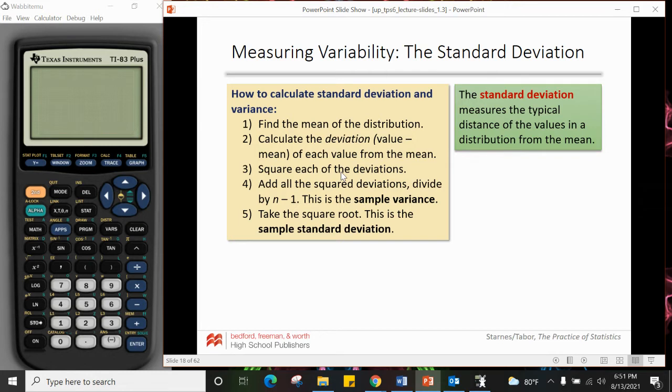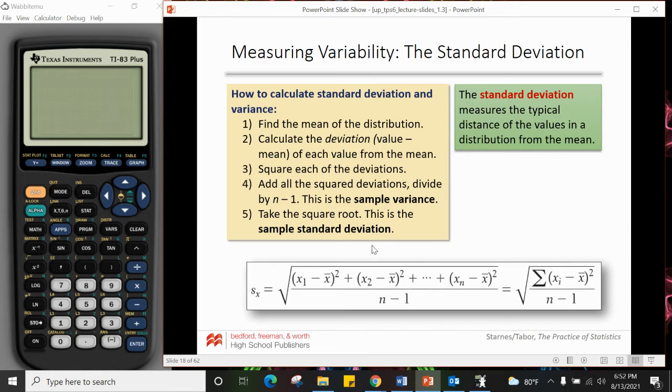The reason we square it is that if you take the differences, some are going to be positive and some negative, and if you added those all up, it would come out to be 0. So we have to square them, add them all up, and then we divide by n minus 1. That gives us the sample variance, and then you take the square root.